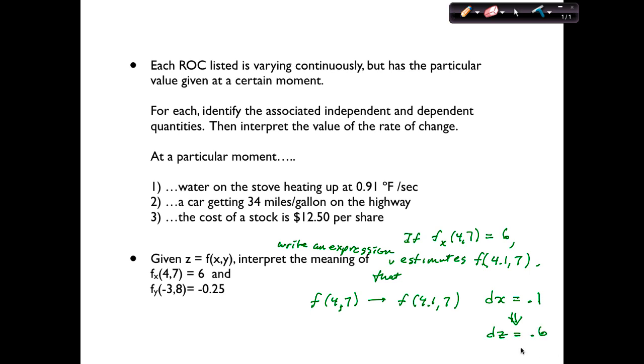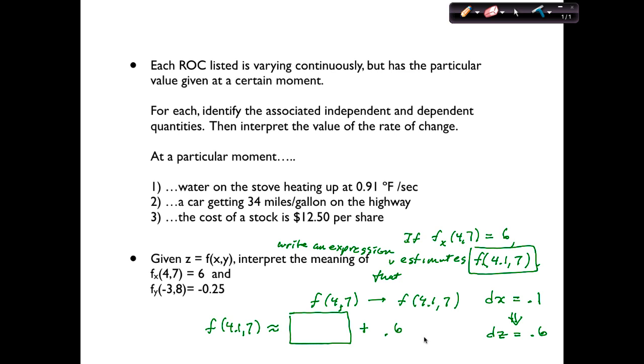Now I'm asking for an estimate of the new value of z. So f of (4.1, 7) is approximately equal to the old value of z plus the change in z.